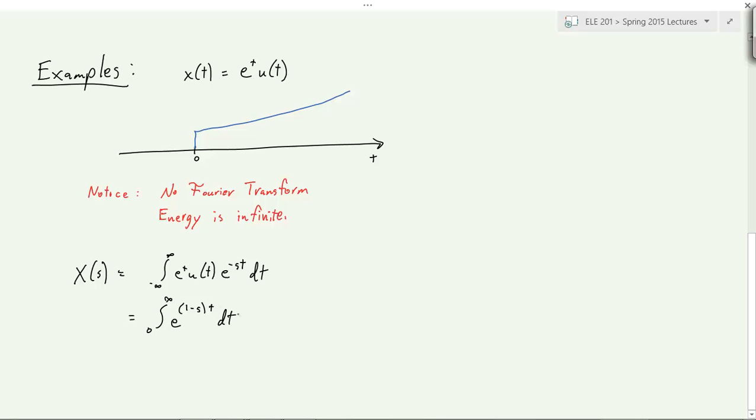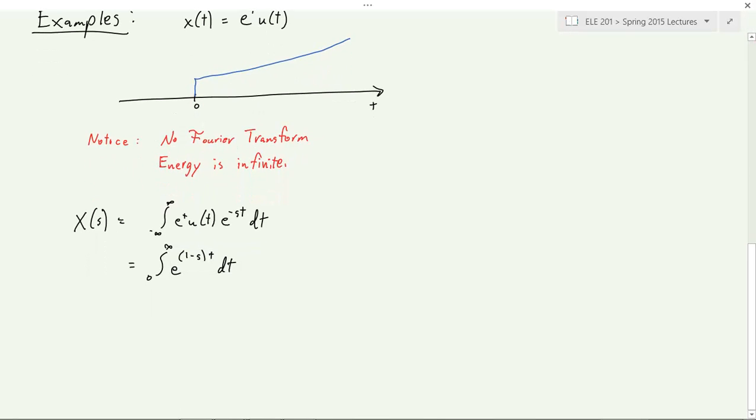Okay. Now s is complex, but doing this integral is the same as we would if it was real valued. It's going to be 1 over (1 minus s) e to the (1 minus s)t evaluated from t equals 0 to infinity.